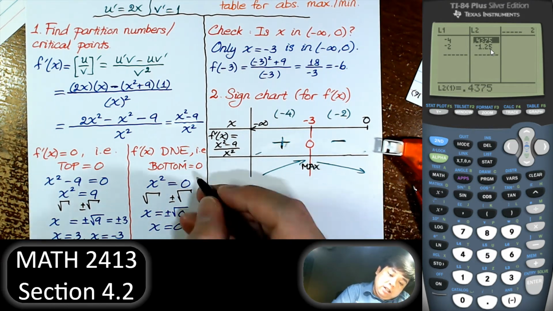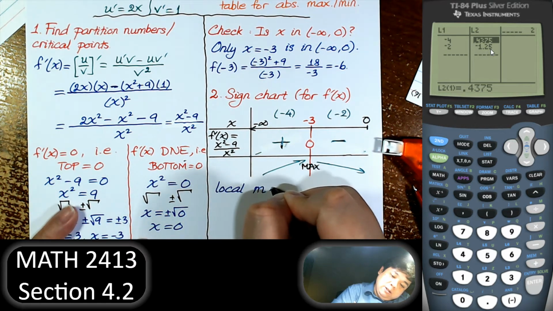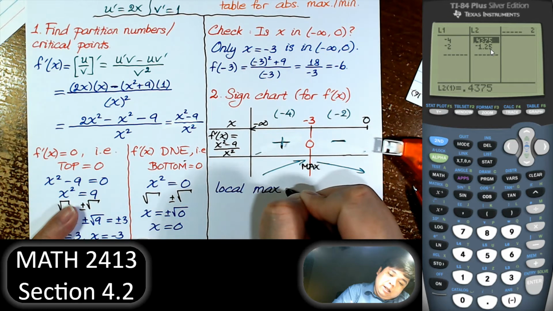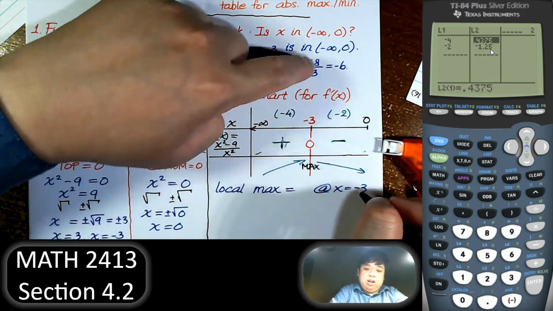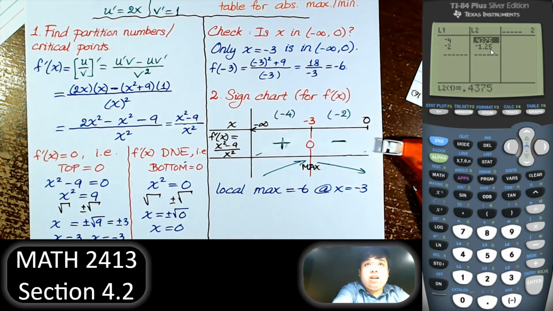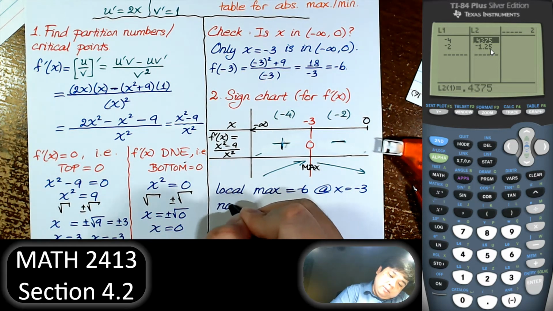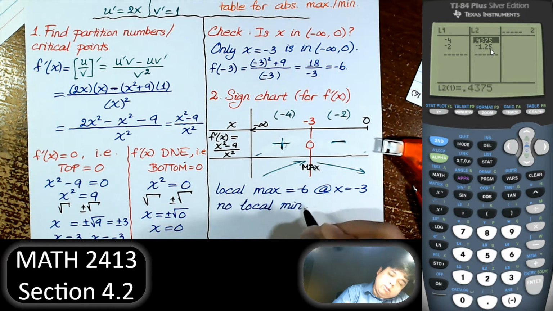So I will write a local max will occur when x equals negative 3, and we checked that earlier. It is negative 6, so I have negative 6 as a local max when x equals negative 3, and then no local min.